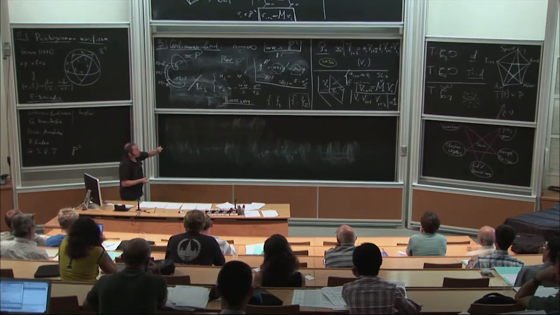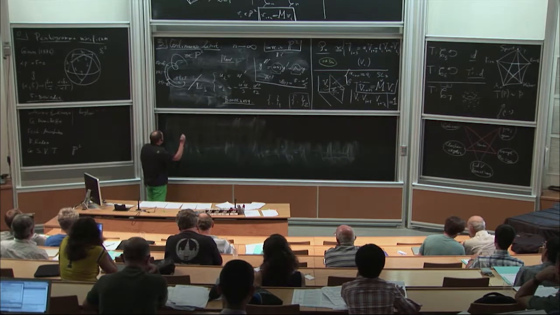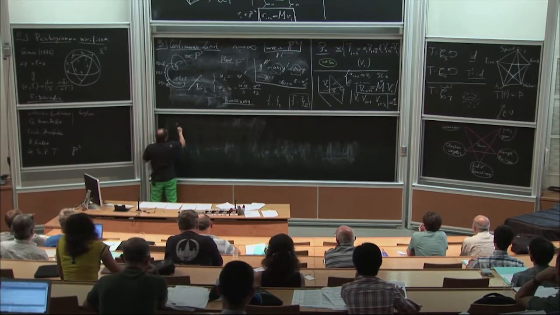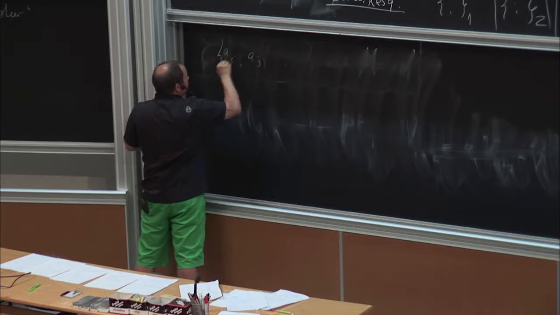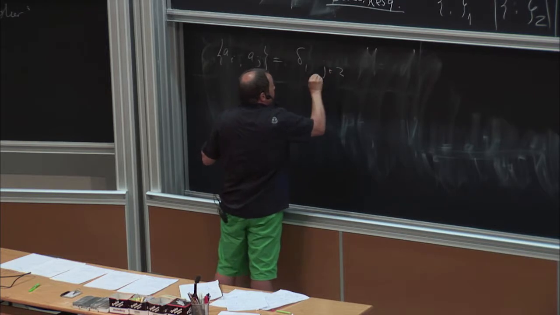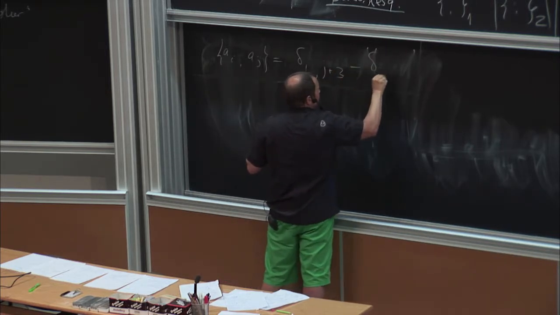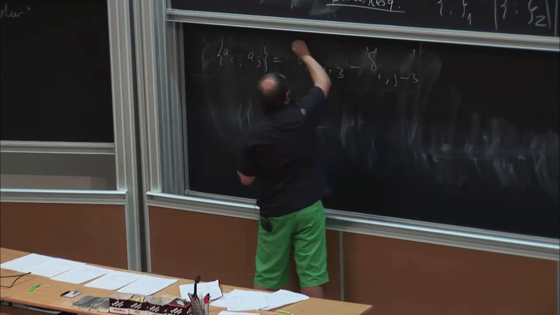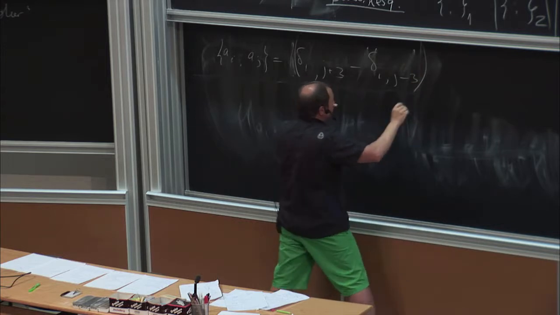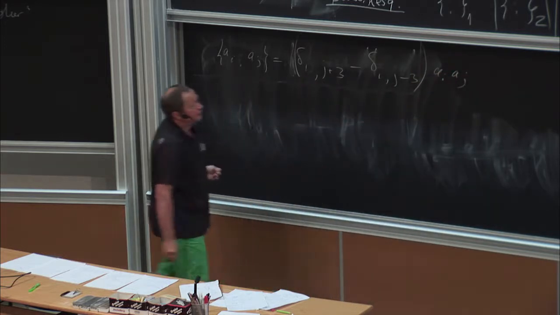And we obtained a Poisson bracket written explicitly in coordinates A and B. And the bracket is, sorry, it's a sum, of course, over repeated indices, a_i, a_j.